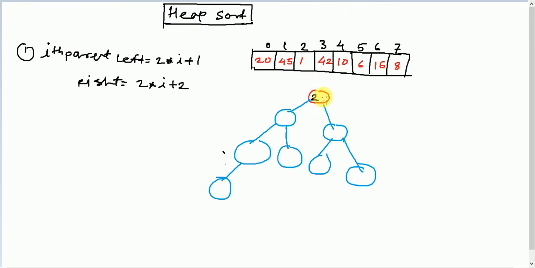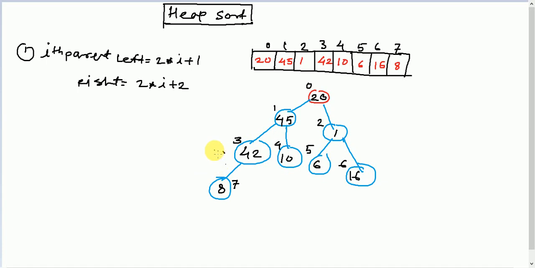So this is 20, 45, 1, 42, 10, 6, 16 and 8. This is index 0, 1, 2, 3, 4, 5, 6 and 7.